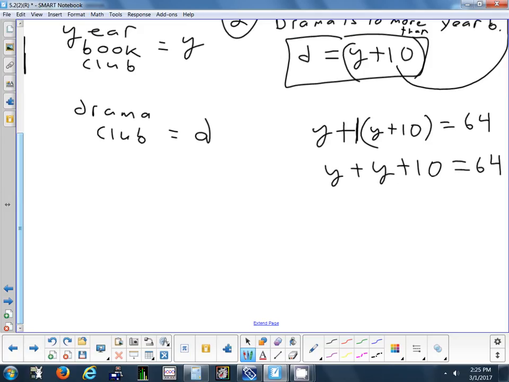And Maggie, what do I do next on the left-hand side? You already did this. We asked you about the same step earlier. Combine like terms. Can you tell me what my like terms are? Y. And what else?